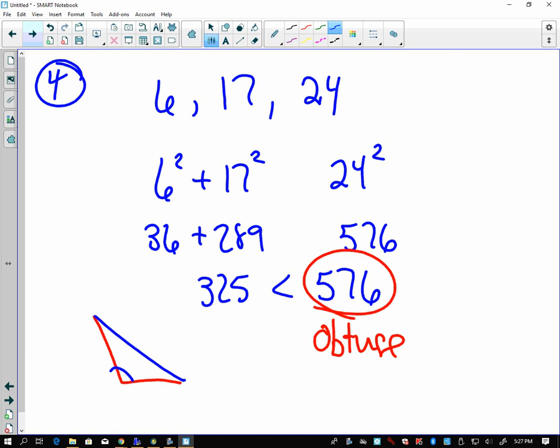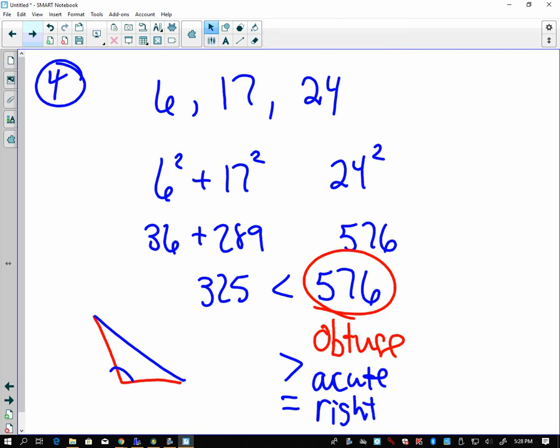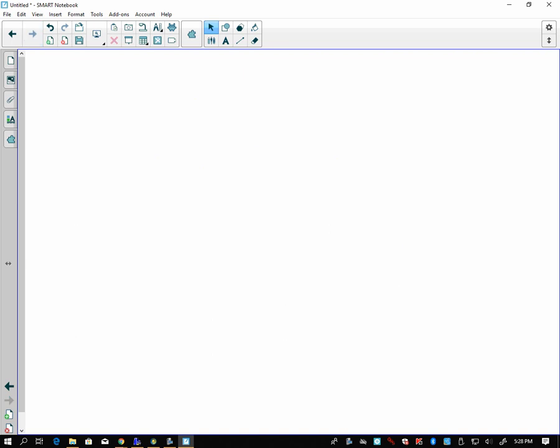If for some reason it had been less than, right, it would be acute. If it had been equal to, it would be right, but in our case it's obtuse. All right, but I'm going to show my work to earn my answer there. Okay, let's move on to question 5.